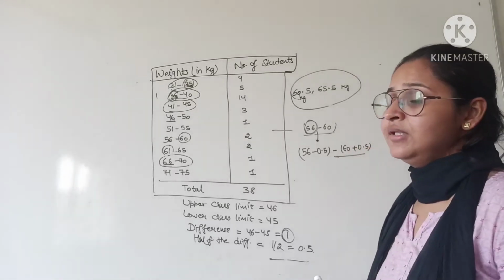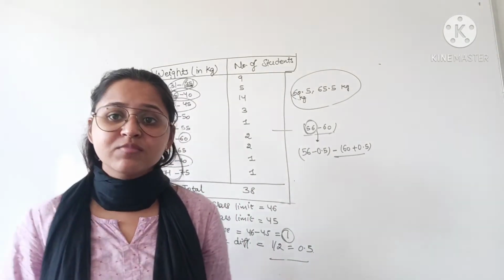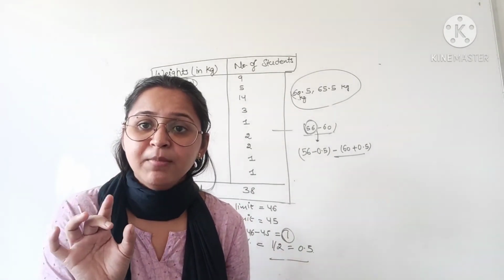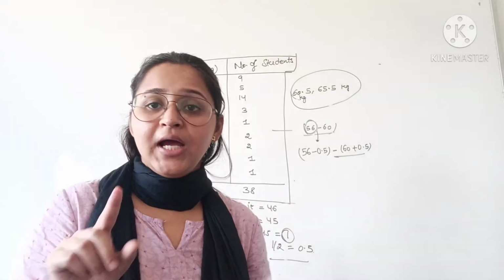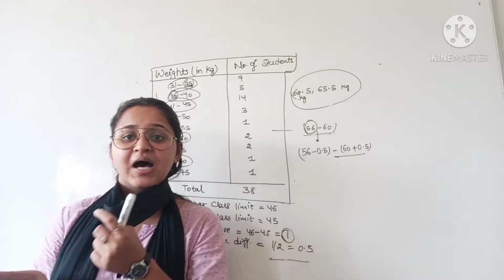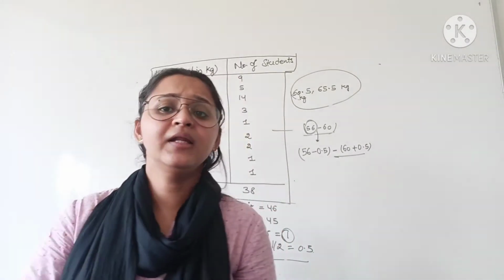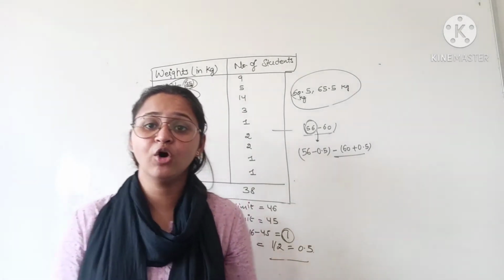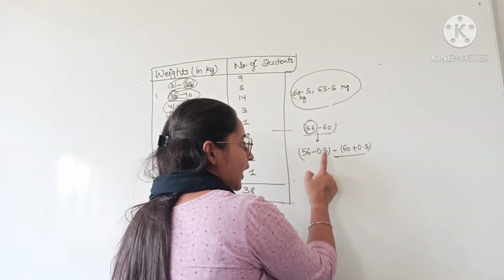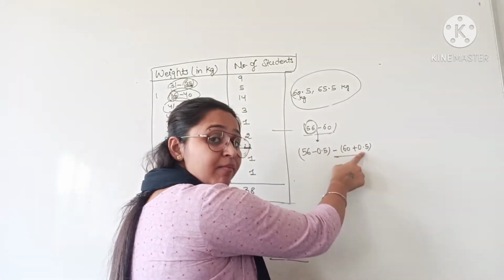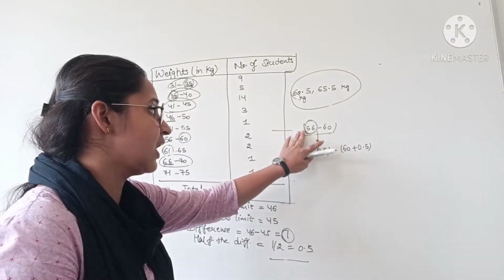And you know very well that if I am adding as well as subtracting the same number from a given number, then there will be no effect on the original number. Same way I am doing. It means there will be no effect on my given class interval.